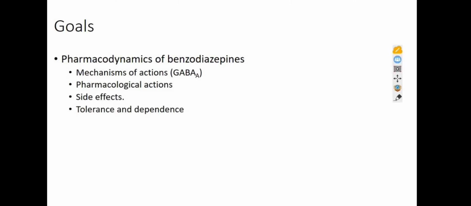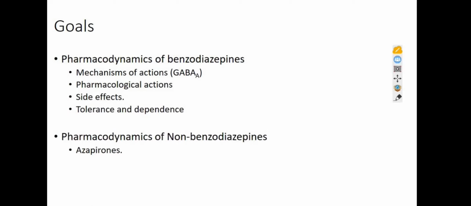And lastly, we'll talk about the tolerance and dependence to this group of drugs and how to treat them. We'll talk as well about the pharmacodynamics of non-benzodiazepines, including azapirones, and lastly, the clinical application or clinical therapy of anxiety disorders in general.